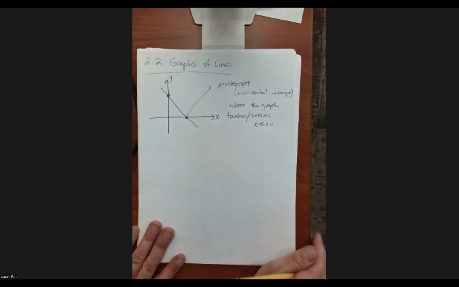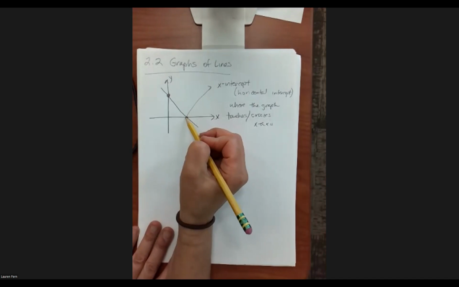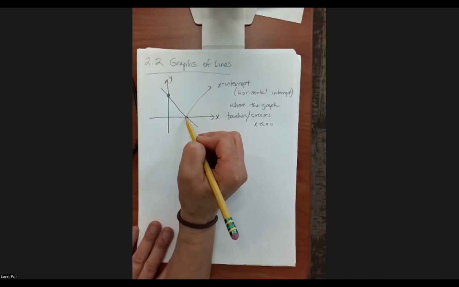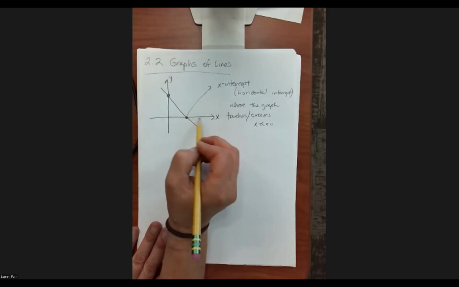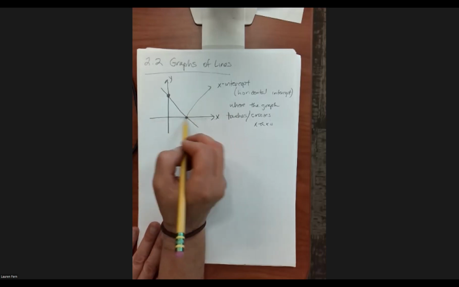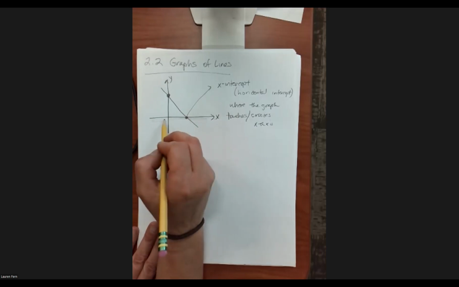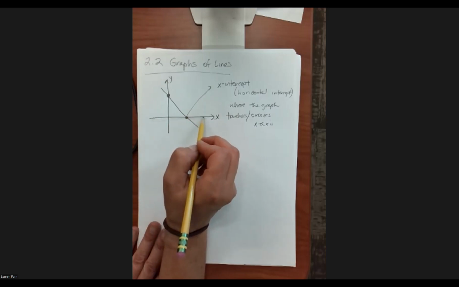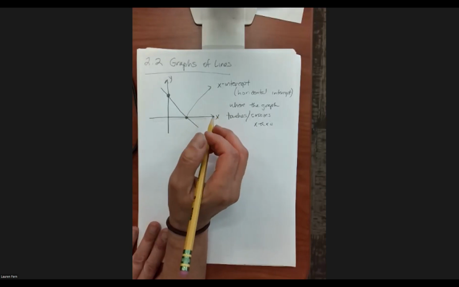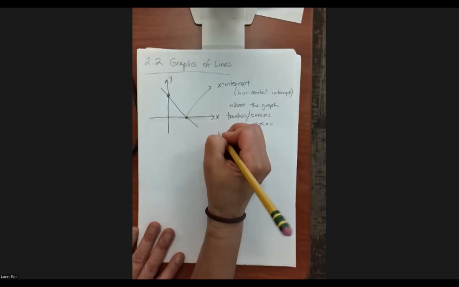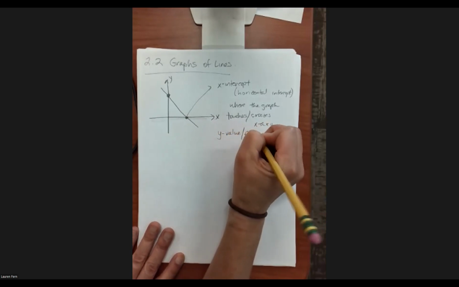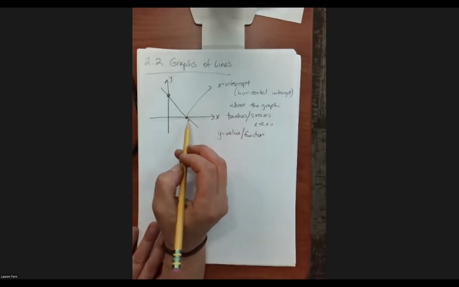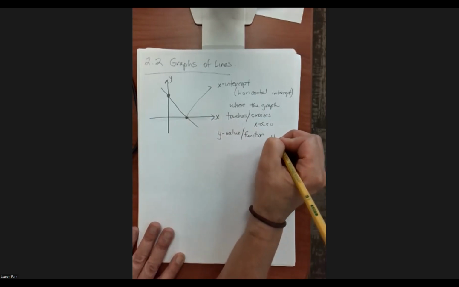But more practically speaking, let's talk about what it means to be on the x-axis. Our x can take on infinitely many values, but I claim that something is always true no matter where I am hanging out on my x-axis. What is my y value or my function value always equal to? It's always 0, right?